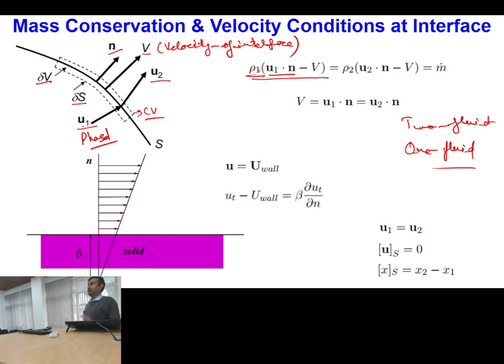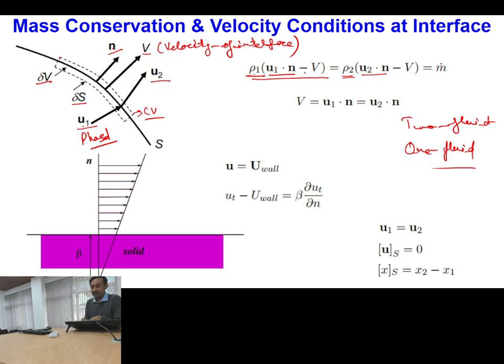This is the mass flow rate per unit area of the interfacial control volume. Is this point clear? Now, what will be the mass outflow? Mass outflow will be rho 2 times (u2 dot n minus v), where u2 dot n is the velocity of fluid 2 in the normal direction.